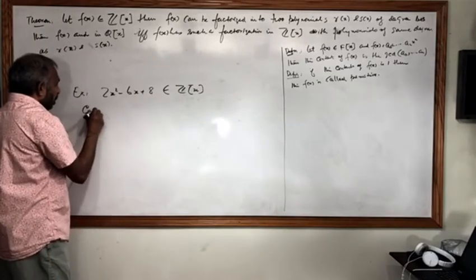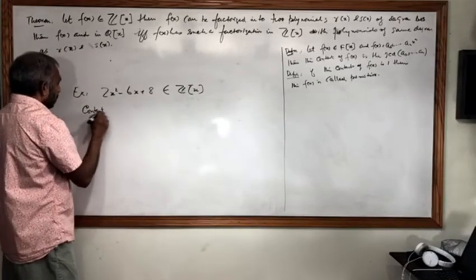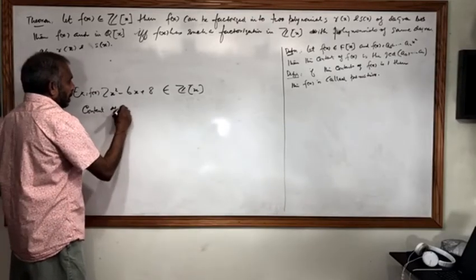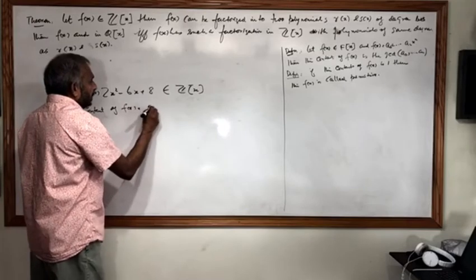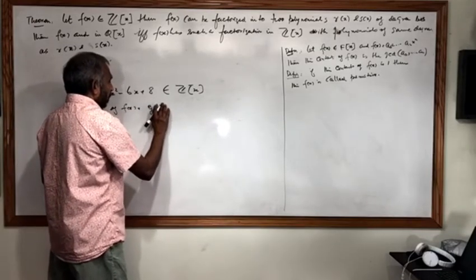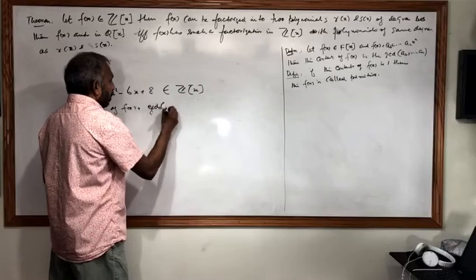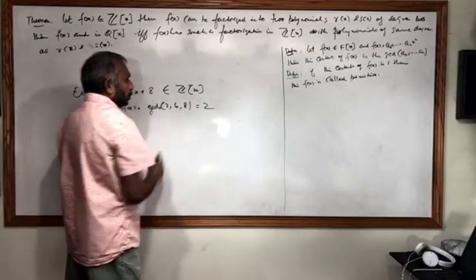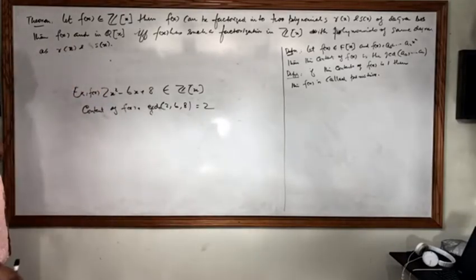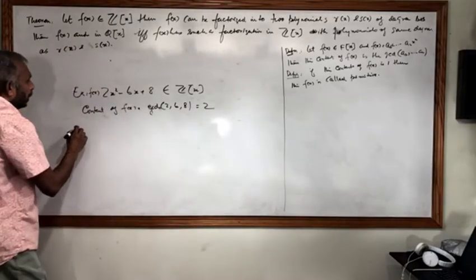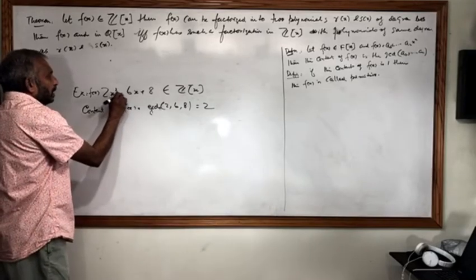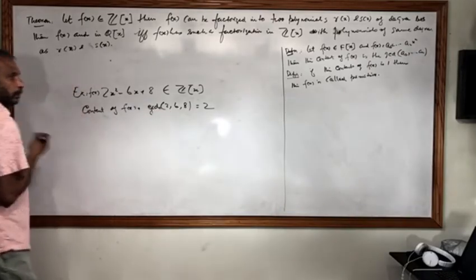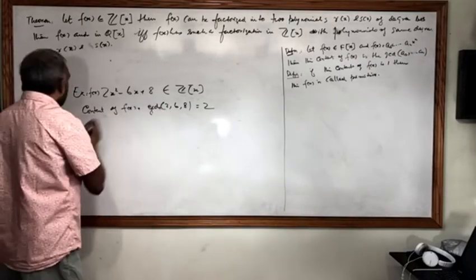So the content of f(x) is the GCD of 2, 6 and 8, and that is 2. We are not considering the sign here.